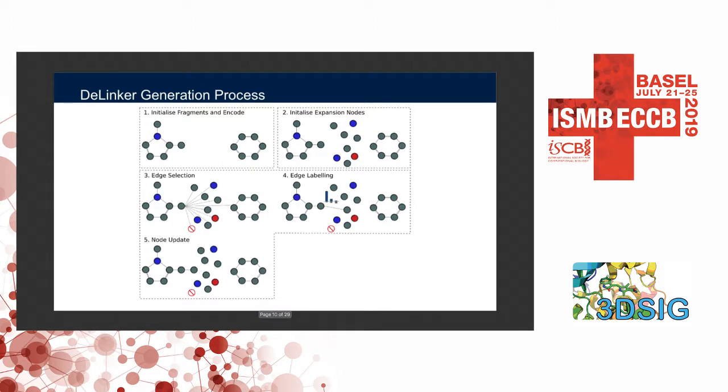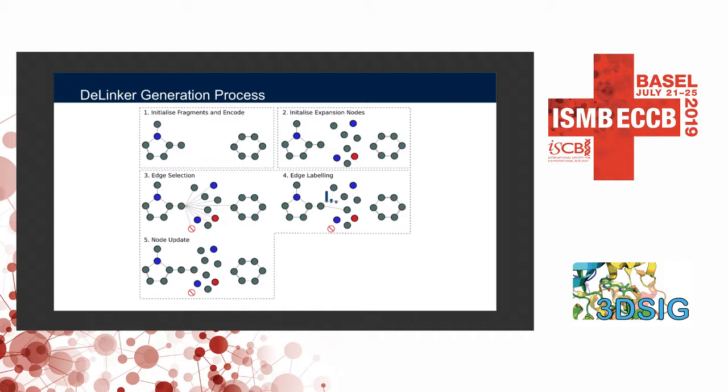Our model then goes through an iterative process of building up the new molecule bond by bond. At each point, we first consider, from a fixed node, all possible other atoms that we might want to join this node to, together with doing nothing. Once we've selected which two nodes or atoms in our graph should be joined up, we then decide what we're going to label that edge with.